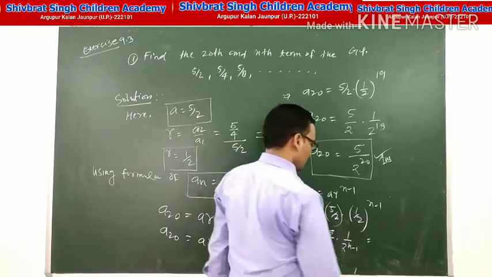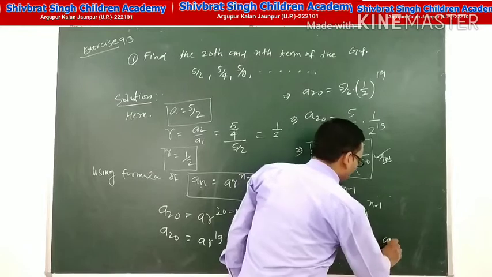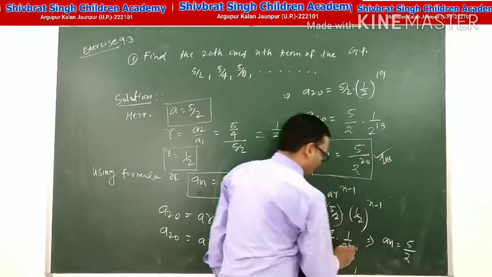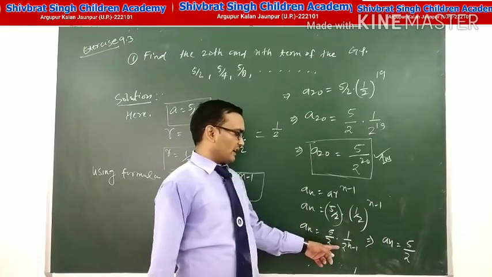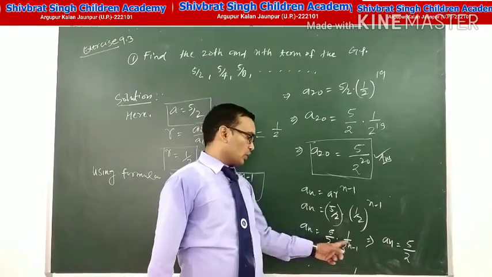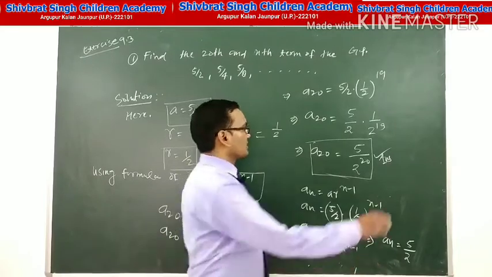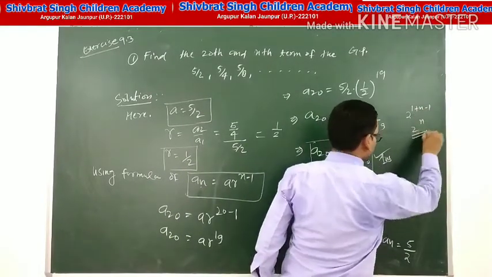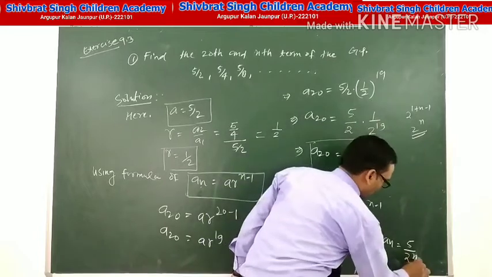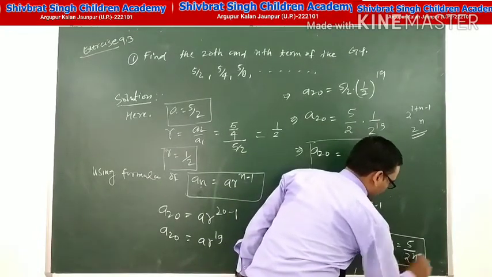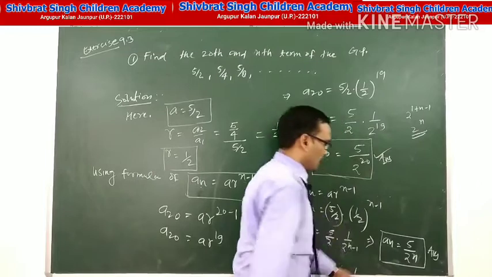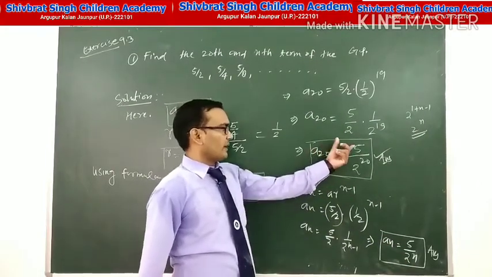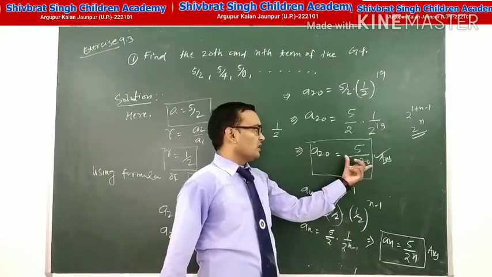That means an equals 5 upon 2 to the power 1 and to the power n minus 1, both are added. This gives 2 to the power 1 plus n minus 1, which is 2 to the power n. Your answer is 5 upon 2 to the power n for the nth term, and the 20th term is 5 upon 2 to the power 20.